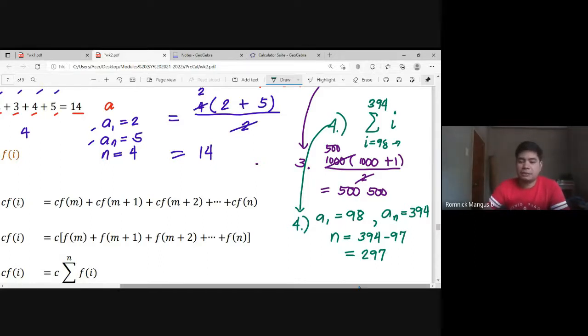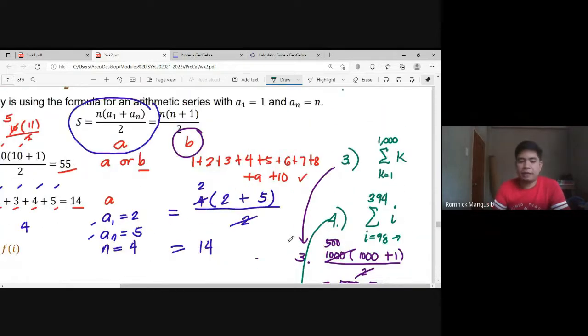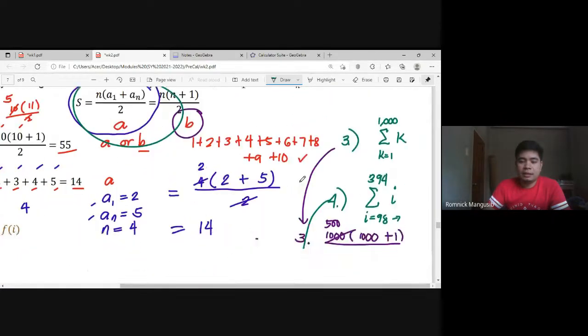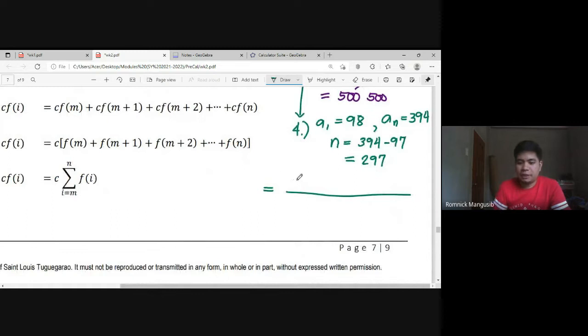And now you're ready to substitute using the formula letter A. Ito ang gagamitin natin, formula for letter A. So we now have total is equal to n, where n is 297, times the first term, 98, plus the nth term or the 297th term, 394, divided by 2.